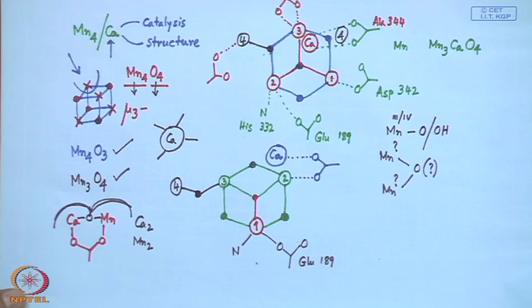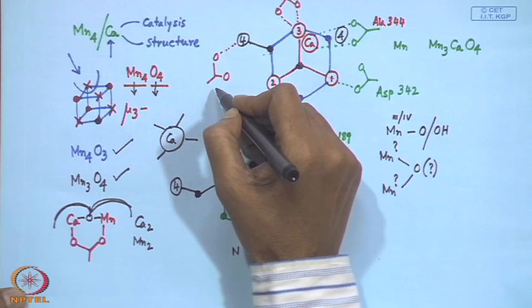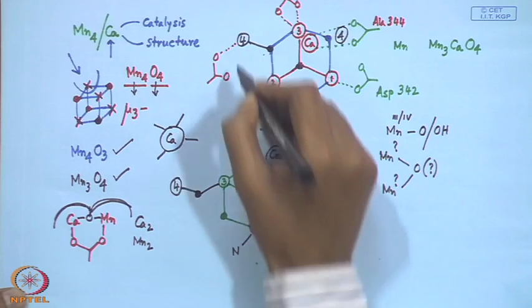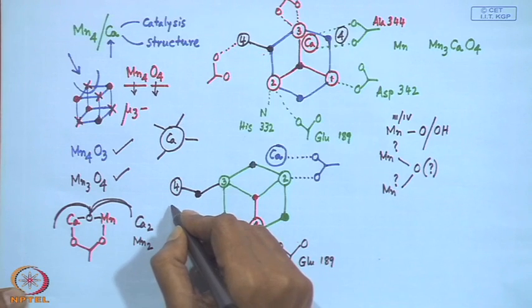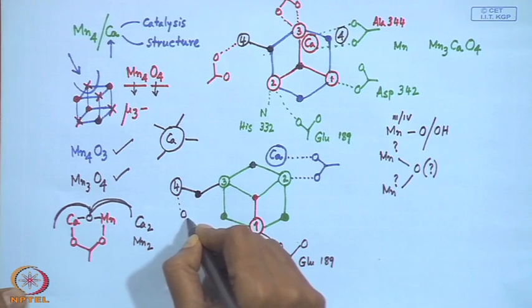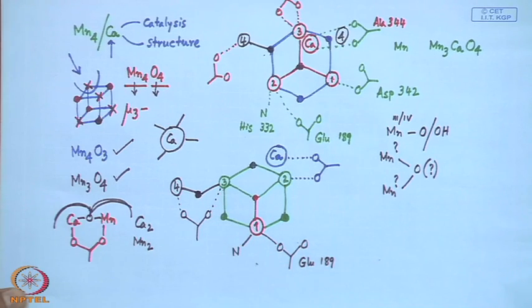This is the part which is very different from the other structure. So, this particular group which was there on this number 4 can stabilize your arrangement like this.